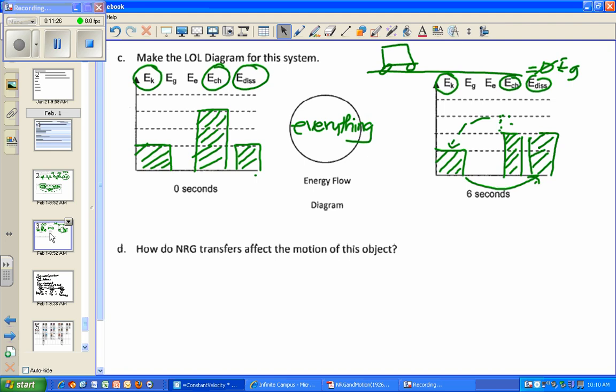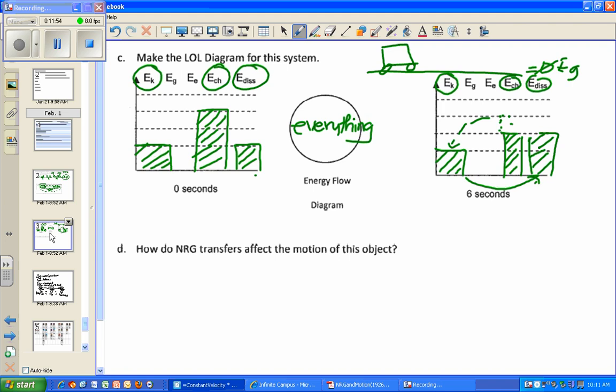So then the question at the bottom, how do energy transfers, goes right back to today's question at the start of the hour. How do energy transfers affect the motion of this object? What do you think? How is energy being transferred in this system? The gas.